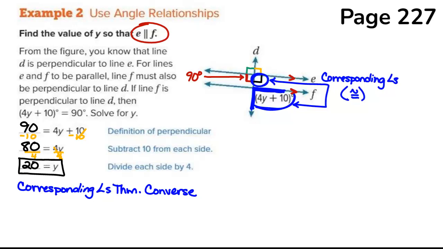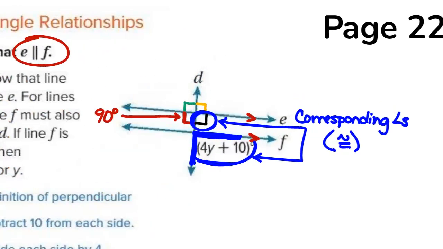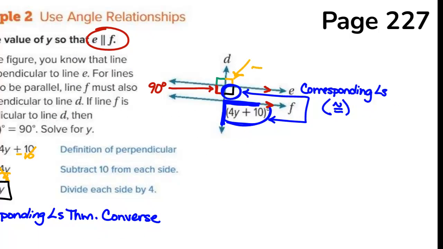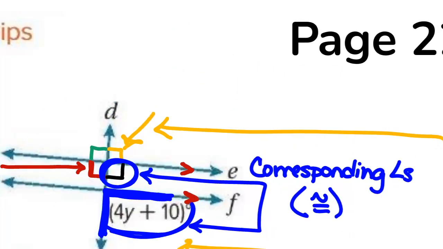If I use corresponding angles, those are congruent, so I would set them equal. But if I used this angle up here, these two would be consecutive exterior angles.